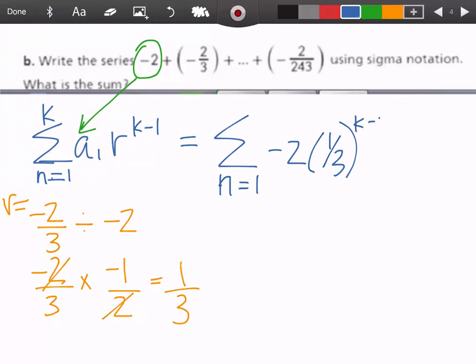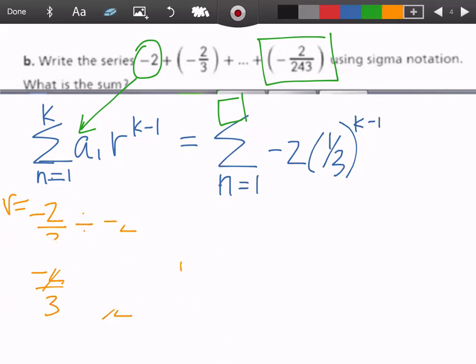We just need to know what this number is up here. So we're going to take the last term in this series and use what we have figured out to figure out what k is. All right, so again, I'm going to erase this to give us more space.